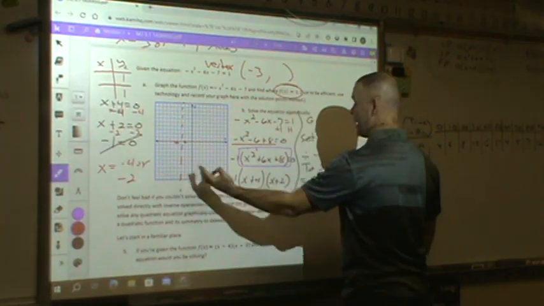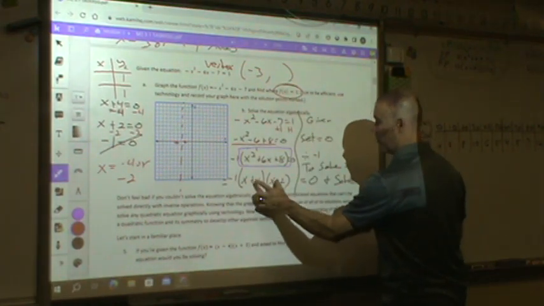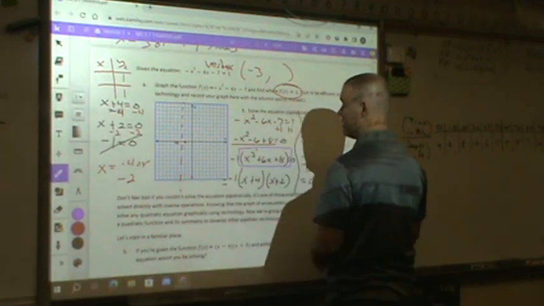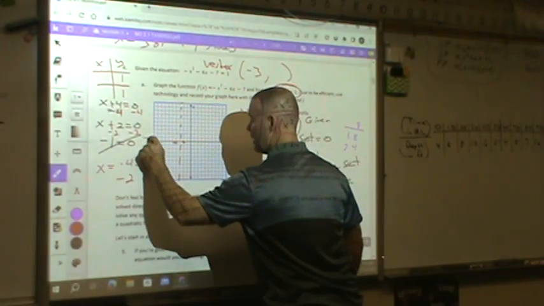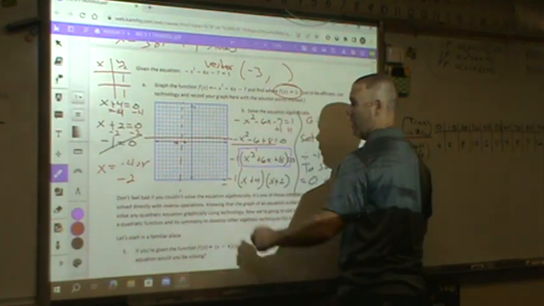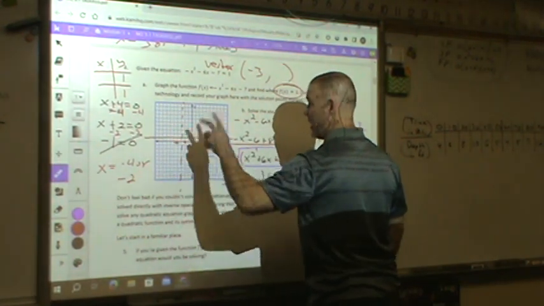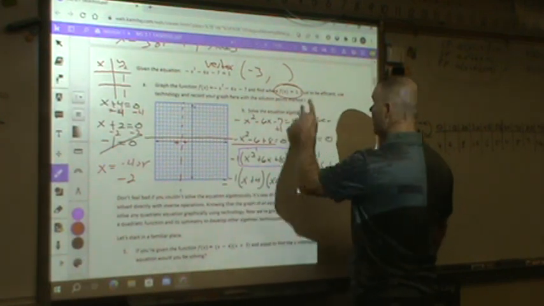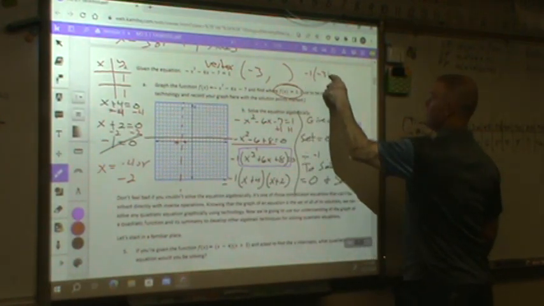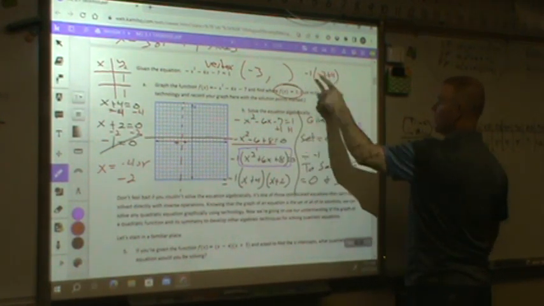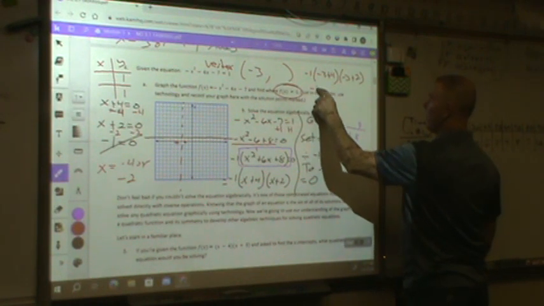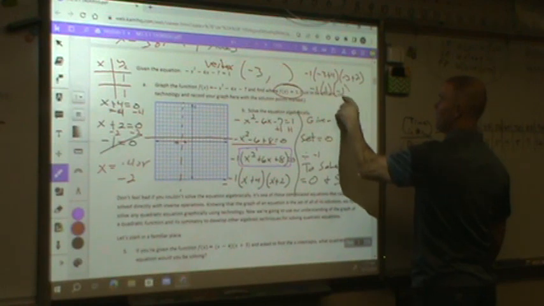So using that, I can plug it back into either factored form or this standard form, and I can find out where that vertex is. And remember, I want to find out my solution at positive 1. Where does my graph hit this line? Does it hit once, twice? Well, negative 1 times negative 3 plus 4, because I need to find the output, and negative 3 plus 2 is going to give me negative 1 times positive 1 times negative 1.